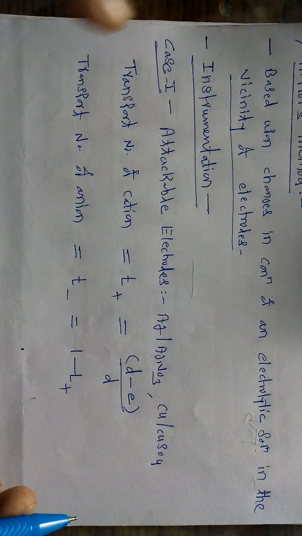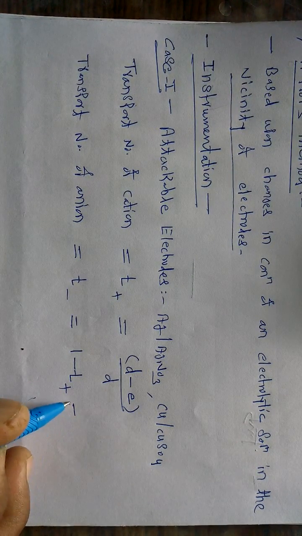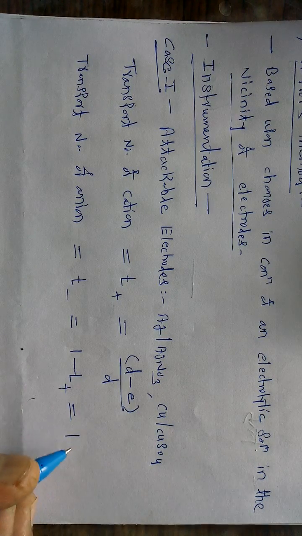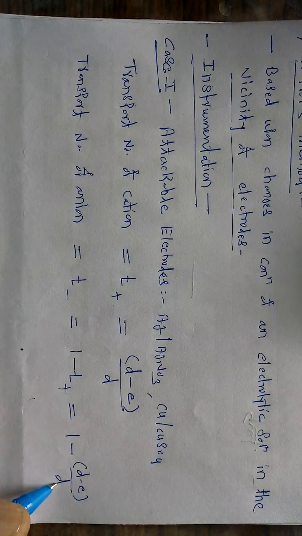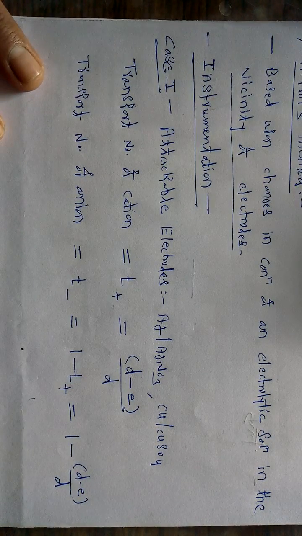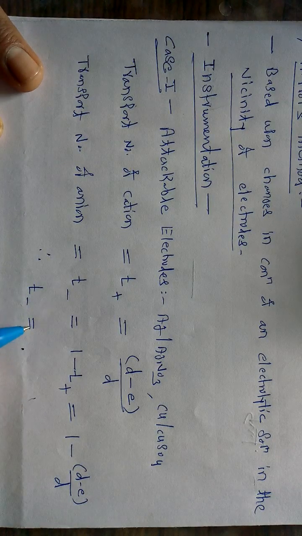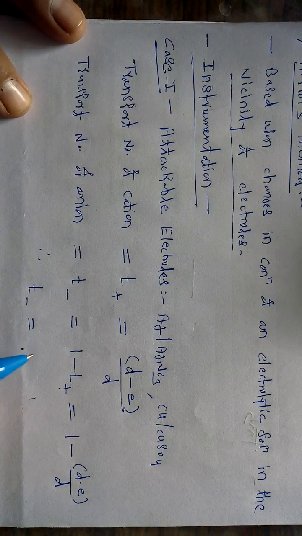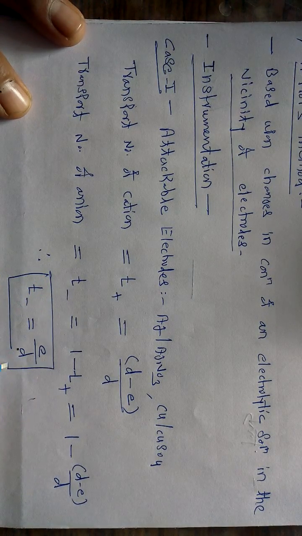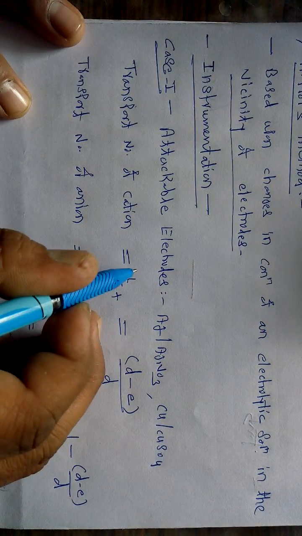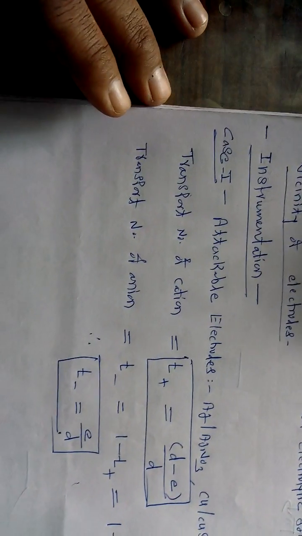We have to subtract this transport number of cation from 1. So it is equal to 1 minus (d minus e) divided by d, and if we solve it, therefore t minus is equal to e upon d. So this is the equation to calculate the transport number of this particular anion.